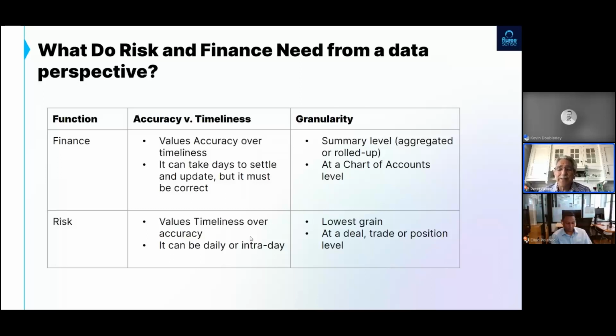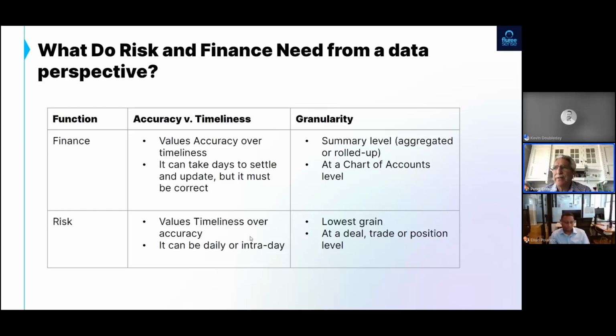You can see those two very different characteristics start to drive different behaviors. Risk also requires the lowest grain of detail because they perform algorithms and analysis at the trade, transaction and balance level, and then take in external factors to project. So right away, they have very different requirements.